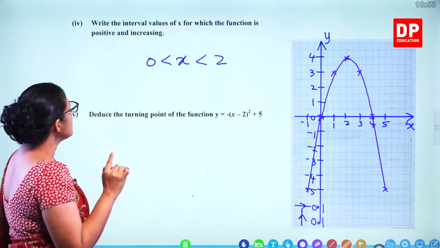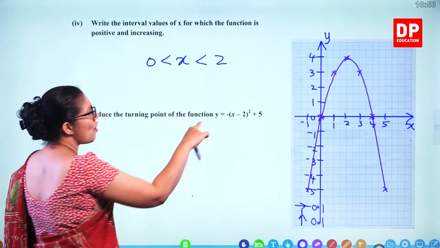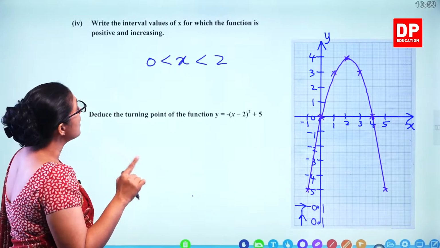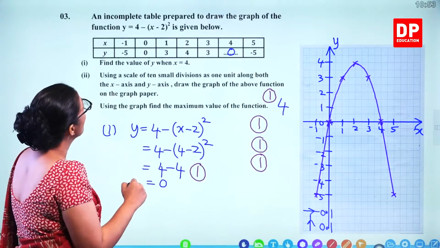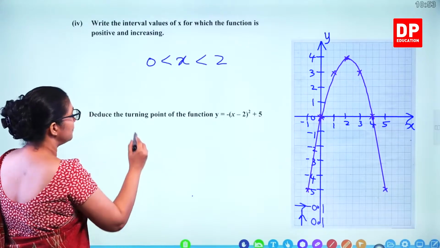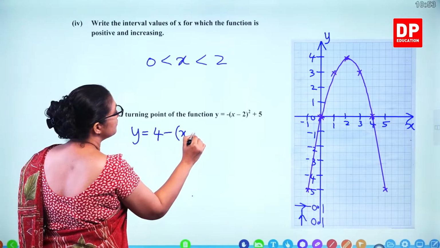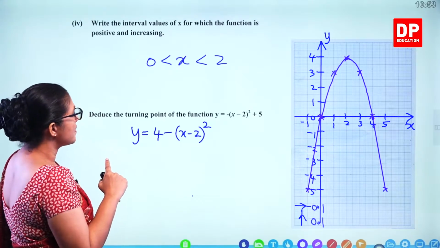And the last part, deduce the turning point of the function. Function of this. So how you find out that? So what was the graph? y equals 4 minus (x minus 2) squared. That's the previous graph.